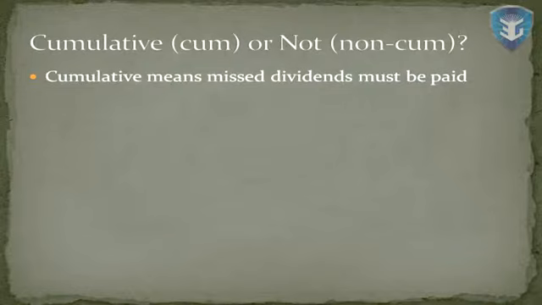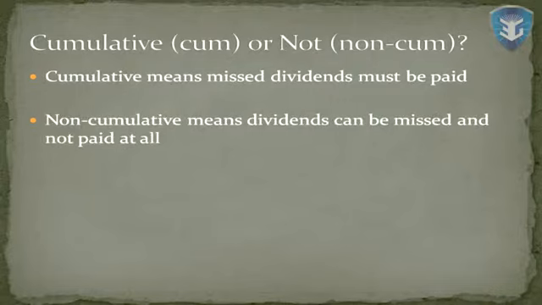So if the company has a bad year or a bad half year and decides not to pay the dividend, then it owes you that money. That becomes a liability to the company. They have to make that up at some point in the future if the company continues to go on. And they cannot pay any dividends to the normal shareholders until you've got your missed dividend and your next dividend.